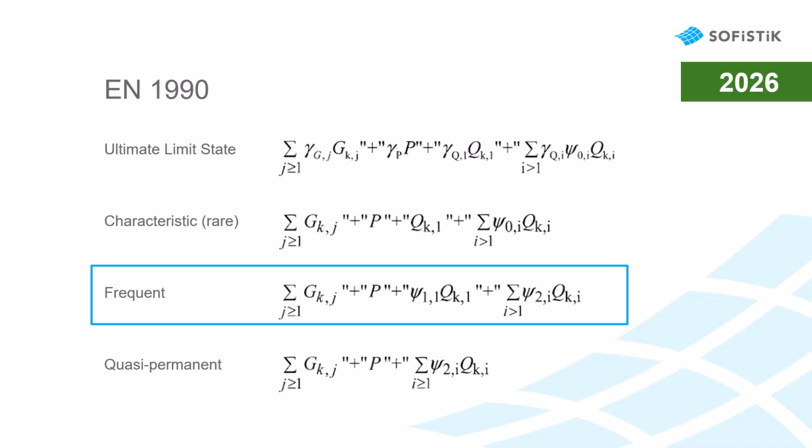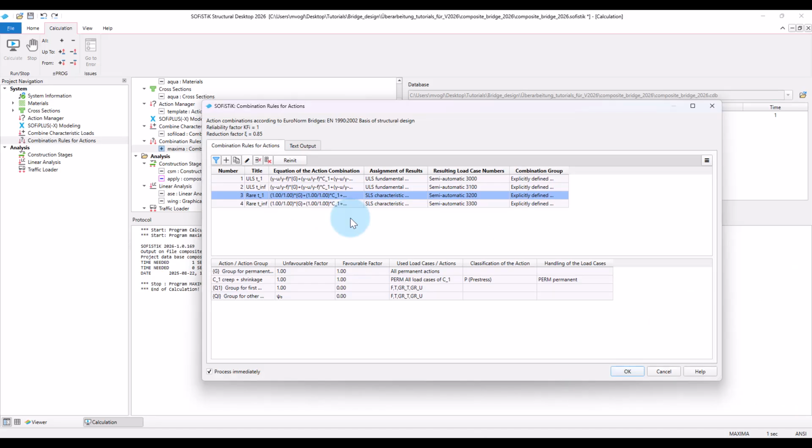Next, we add the frequent combinations in the same way by duplicate and modify.